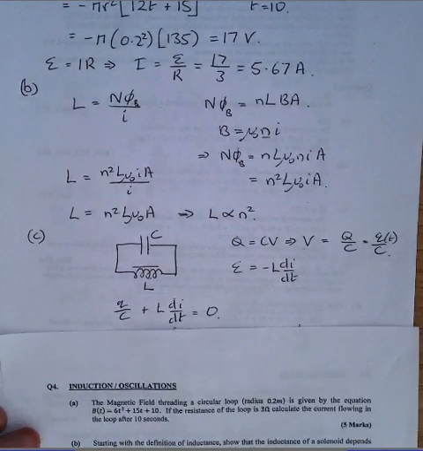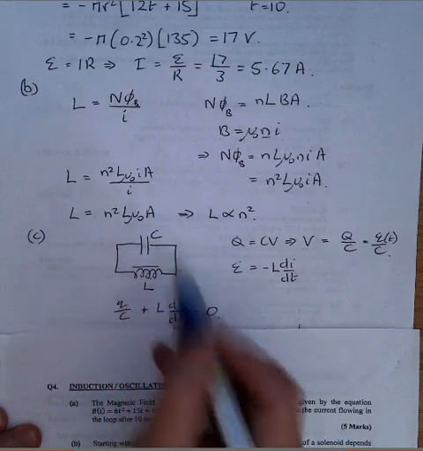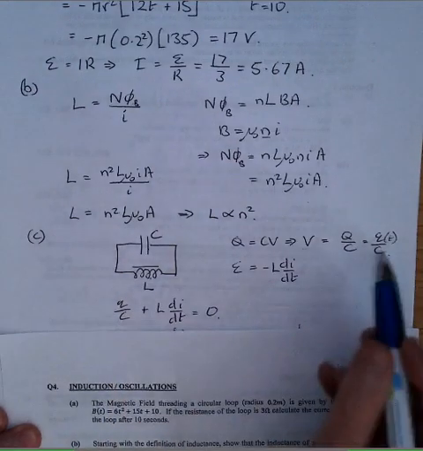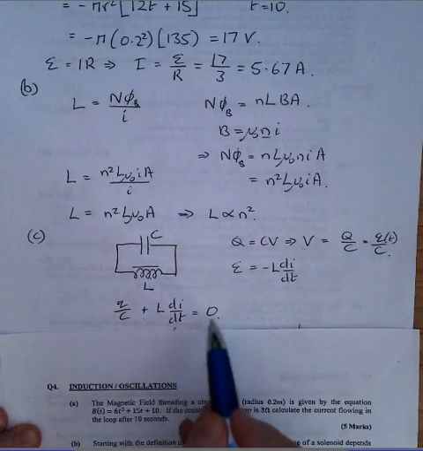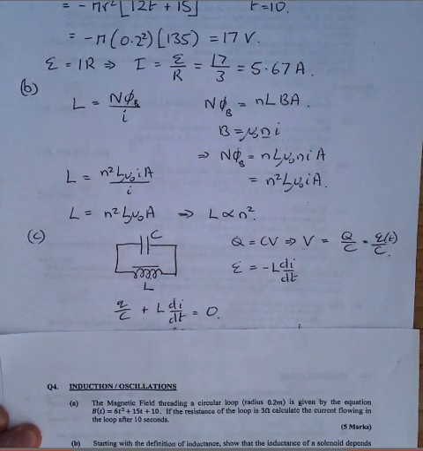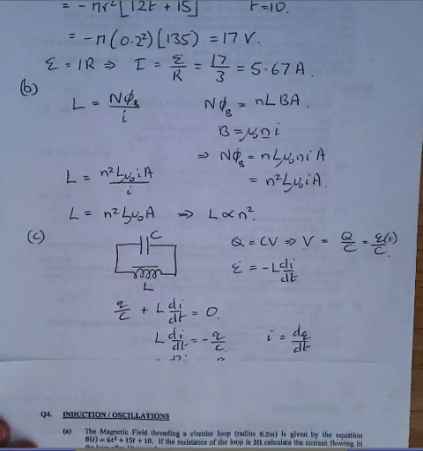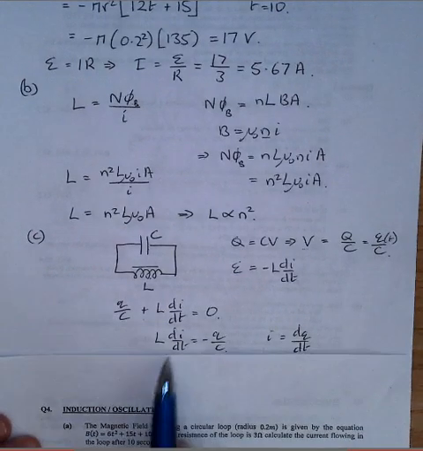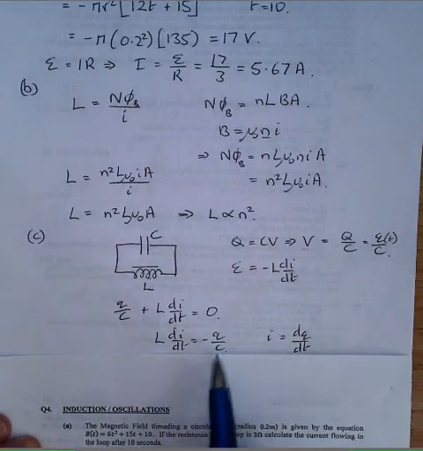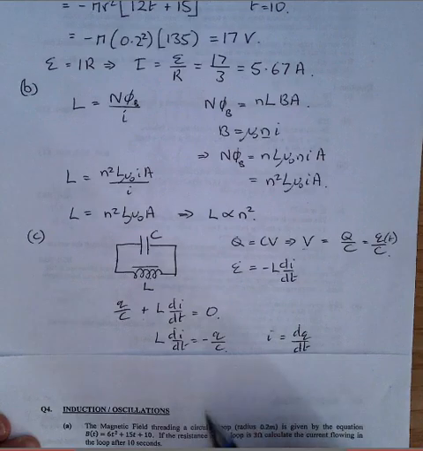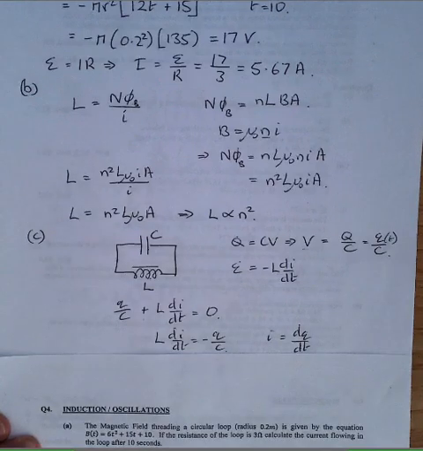Now, as we go round the loop, we get that Q over C plus L di/dt equals 0. So we've got the makings of a differential equation. L di/dt equals minus Q over C. We can make this easier, something we recognize from before.